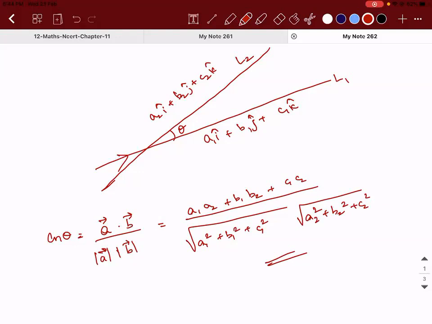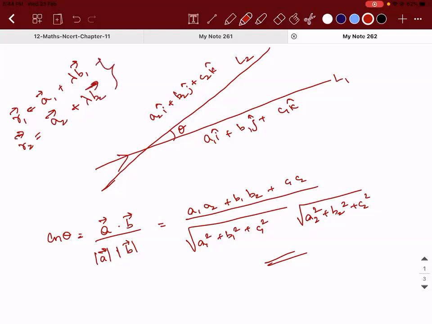Means if you know the direction ratios of two lines, the direction ratios can either be known directly or from the line to which these lines are parallel. Sometimes they will give you something like this: R1 vector is equal to A1 vector plus lambda times B1 vector, R2 vector is equal to A2 vector plus lambda times B2 vector.